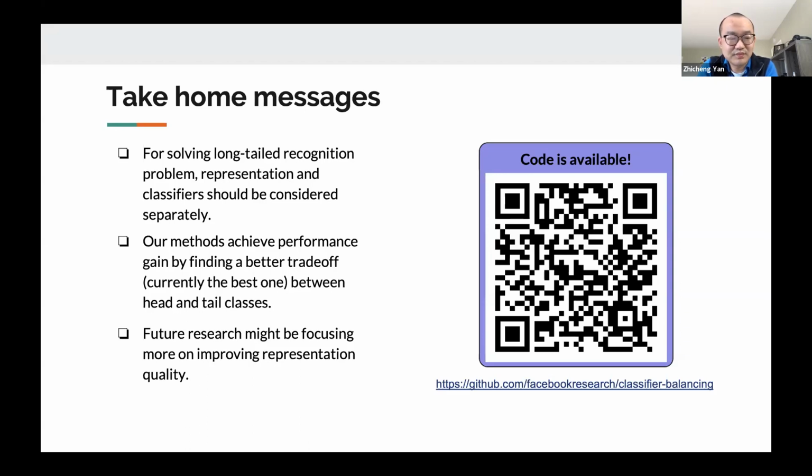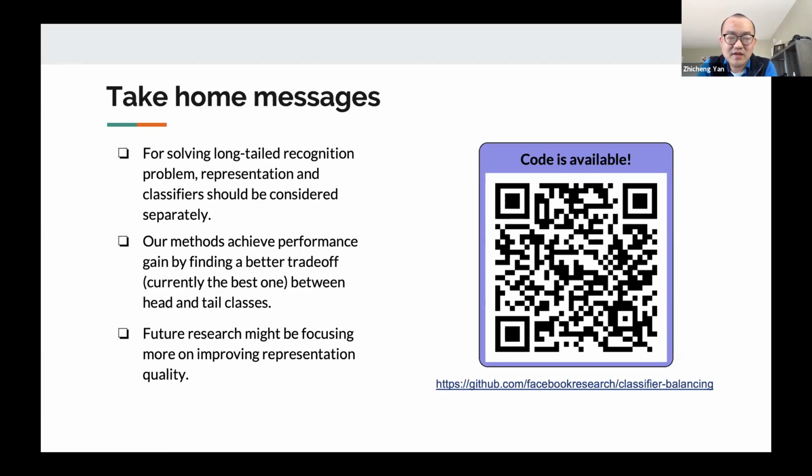Our method actually achieves a better trade-off between the head and the tail classes. We slightly drop accuracy on the head classes, while more significantly improving results on the tail classes. We have proposed some simple yet effective methods for classifier retraining.